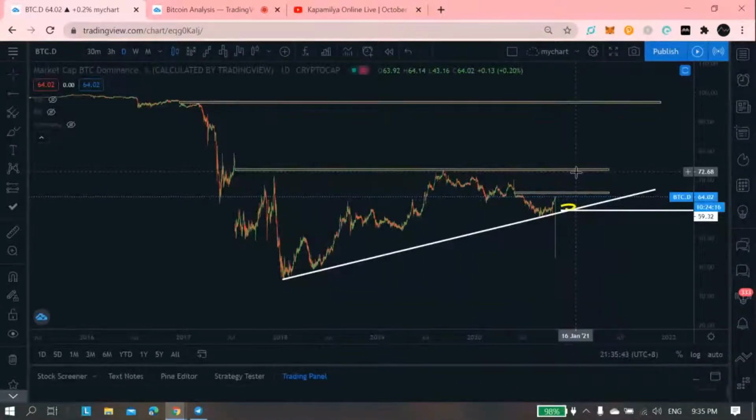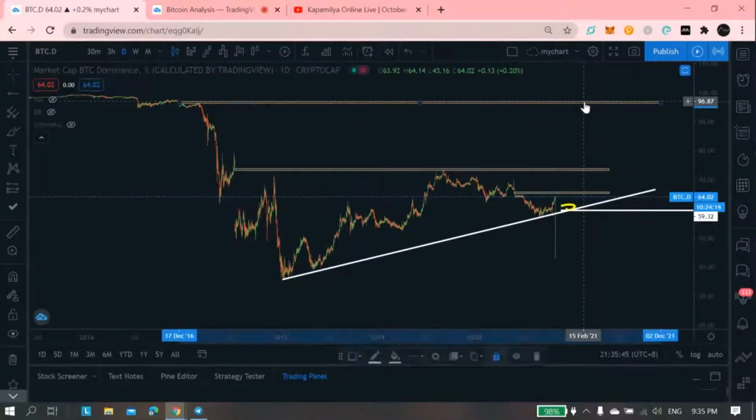For this one, of course it's positive for Bitcoin if it fills that 97 area, but for the alts that will of course be a dump or a pullback, a dump relief to altcoins if it reaches and fills this 97 area.